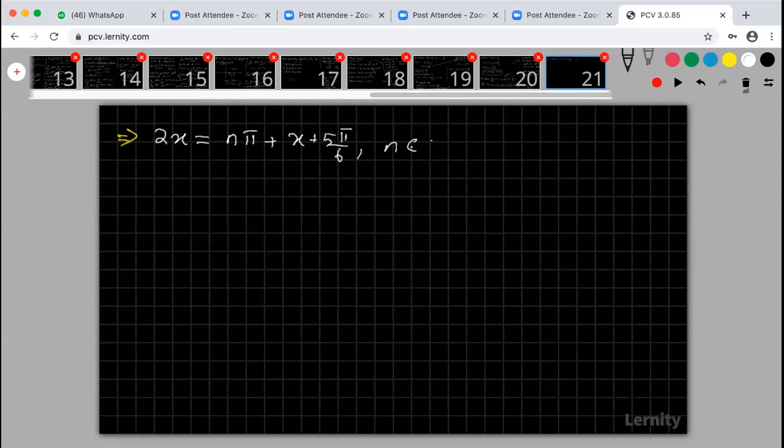My n belongs to the integer Z. So therefore 2x is equal to n pi plus x plus 5 pi by 6. Now here 2x, here also 1x is there, so I am cancelling 1x here and here. So therefore my x is equal to n pi plus 5 pi by 6 is the general solution. Okay, for this problem, this is the solution.